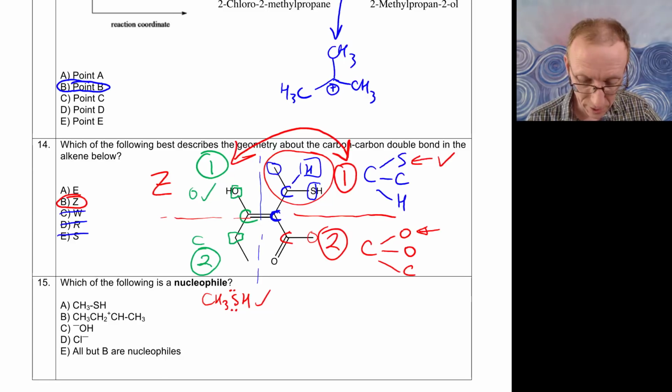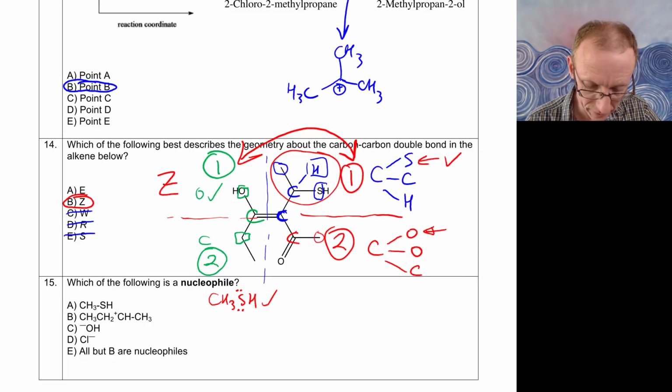Something with a positive charge like this compound here, this is a carbocation, that is not going to be a nucleophile. It's got a deficiency of electrons. It's going to seek out electrons and be an electrophile. We've got hydroxide, which has a negative charge and lone pairs of electrons, so it is going to be a very good nucleophile as well.